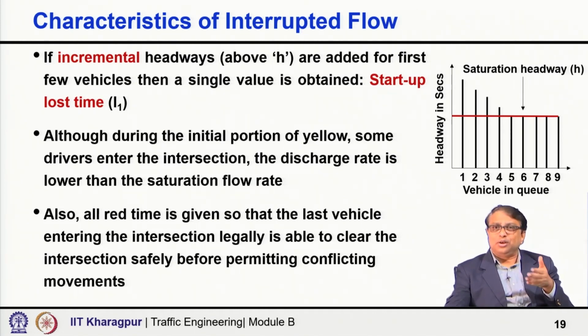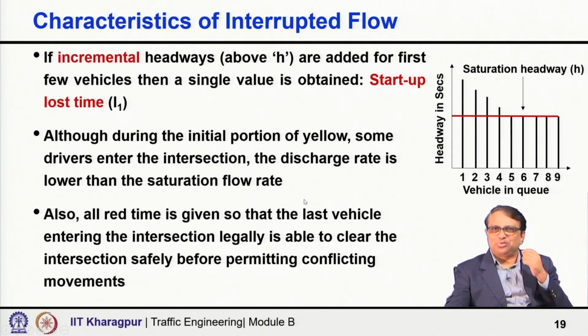If you cannot stop safely, then you should proceed. So, few vehicles will get discharged in the amber time, but that discharge will not happen at the same rate with a saturation headway of H. So, that amber time is not as productive in terms of getting the throughput or vehicle flow as the green time.